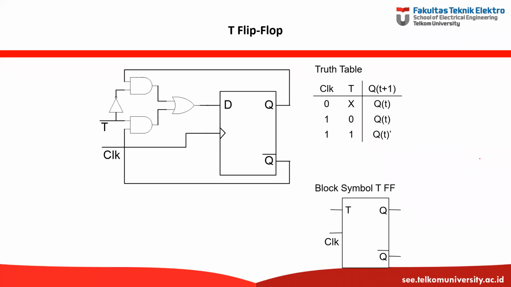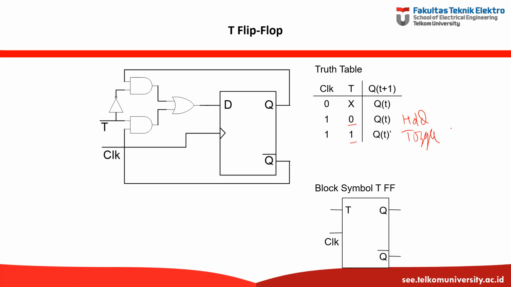And the toggle flip-flop is a simplified version of the JK flip-flop, where when T is 0, the output will remain the same, hold mode, and when T is 1, the output will become the opposite of the previous output, which is what we call toggle mode.